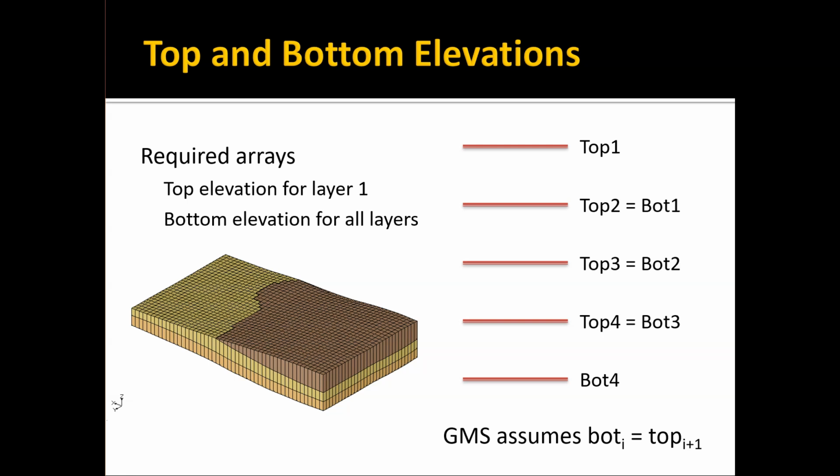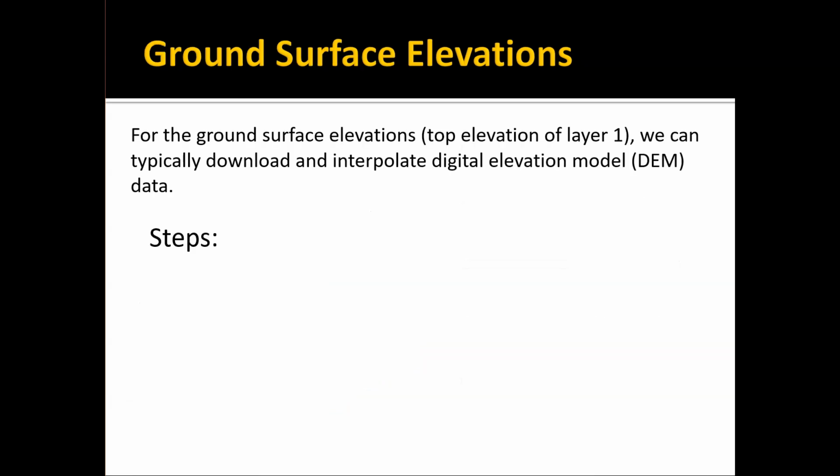The reason being is your top elevation of layer 1 typically corresponds to the ground surface. And we often have very detailed ground surface elevation defined as part of a digital elevation model.